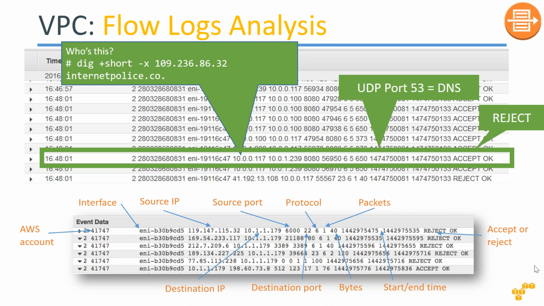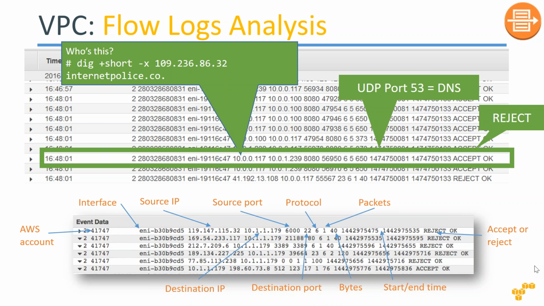Then how many packets were sent, and what is the size of those packets, what time the traffic started, and what time the traffic ended, and finally whether the traffic was actually accepted or rejected, and whether everything is okay or not. So these are the different parameters when you look at the flow logs.